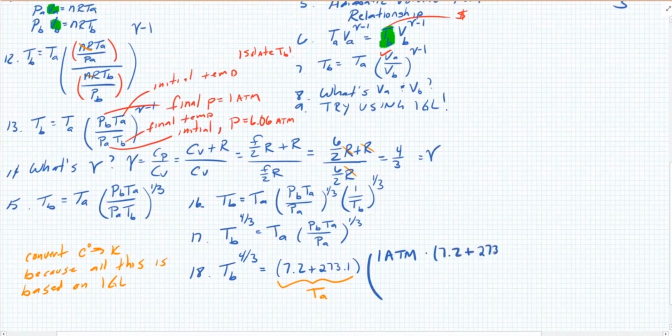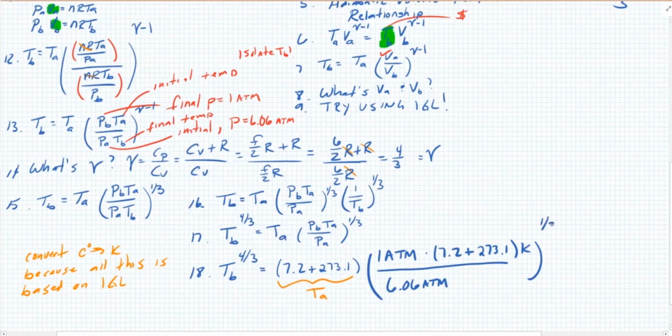Plus 273.1. So that's PB TA over PA. I'm sorry, I should have said PB. PB TA, and here's PA. I started off at 6.06 atmospheres. And I guess that's it. All right, and this is Kelvin to the 1/3.